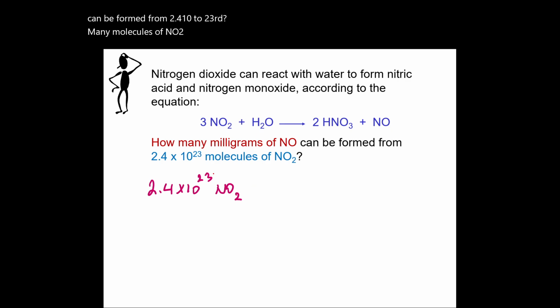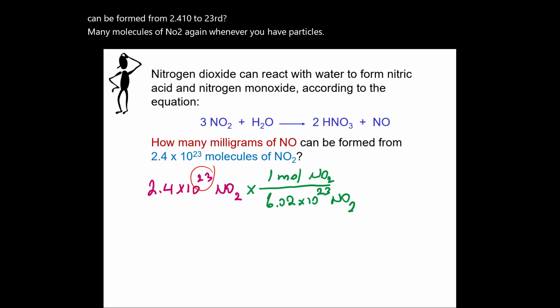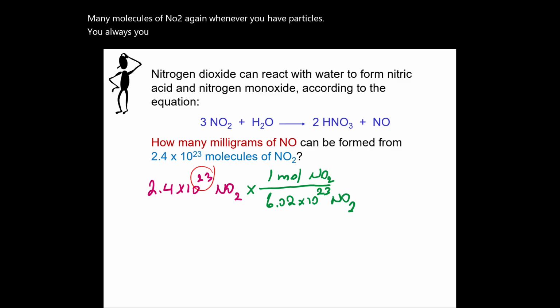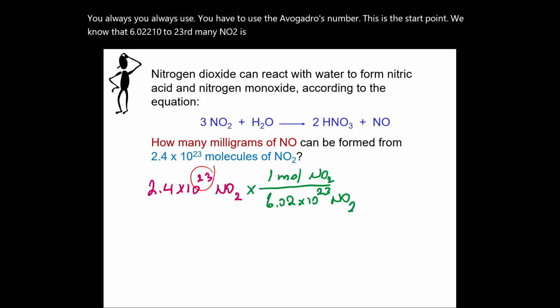Again, whenever you have particles, you have to use Avogadro's number. That is the starting point. We know that 6.022 times 10 to the 23rd NO2 molecules is equivalent to 1 mole of NO2.